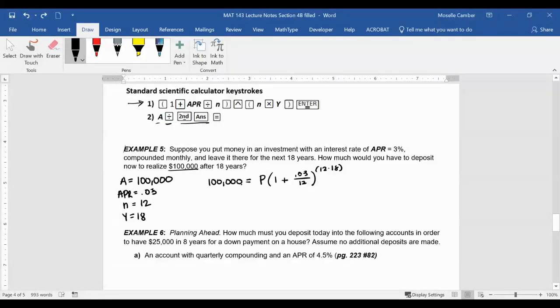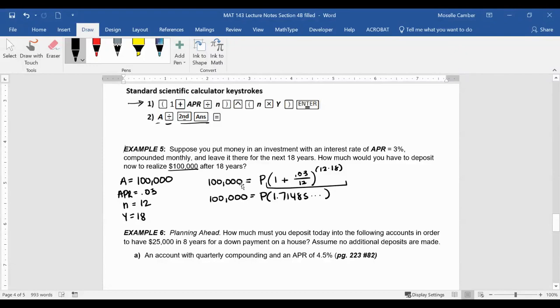So instead what we're going to do is we're going to calculate this first, just like we did before. So this 1 plus 0.03 over 12 comes out to be 1.71485 and some more after that.